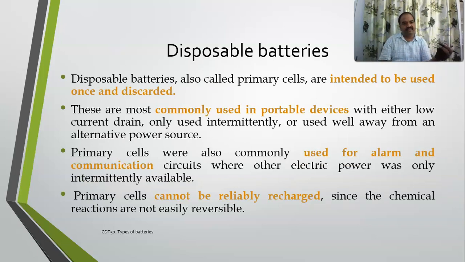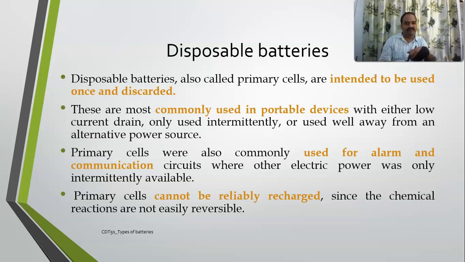As the name itself indicates, they are intended to be disposed. Once you use it, you should dispose it. So normally in your home, you will see them in portable devices, like your remotes, your watches, and in the laboratory, you might have seen the DMMs. All these things use disposable batteries. You can find A, AA, AAA, and different sizes.